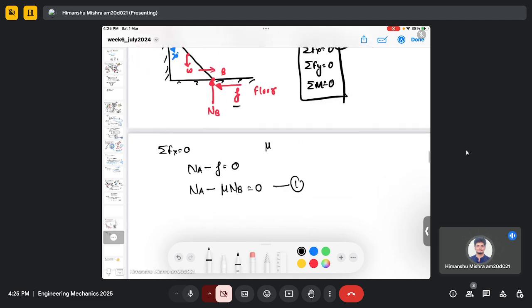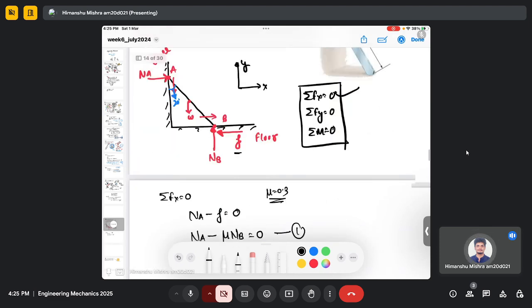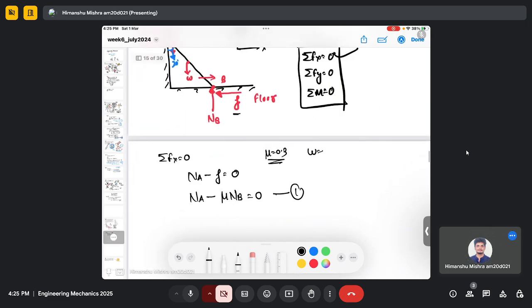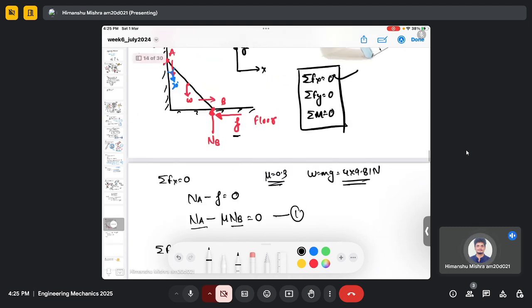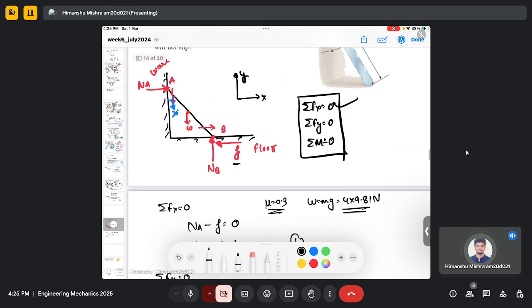Here mu is 0.3 and the weight is mg, which is 4 multiplied by 9.81 Newton. So we get two unknowns, Na and Nb. If I do the summation of force in the y direction, I will have W and I will have Nb.